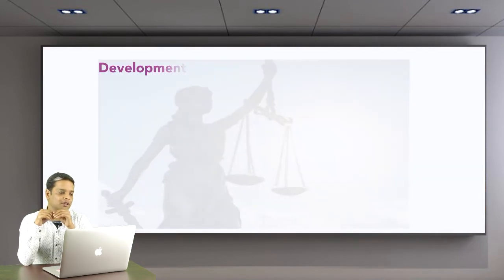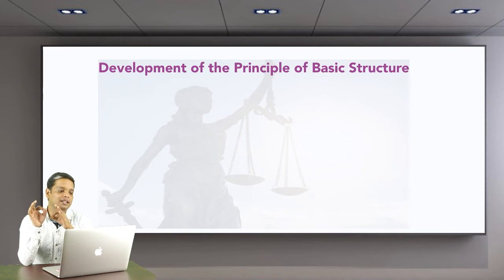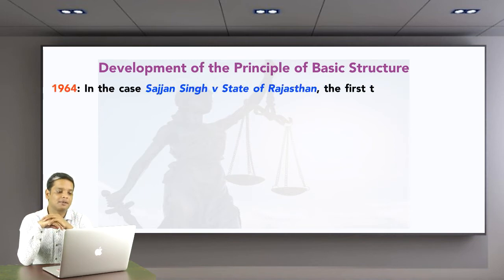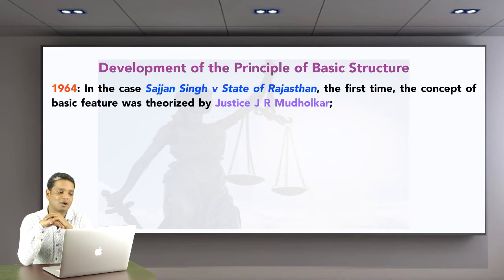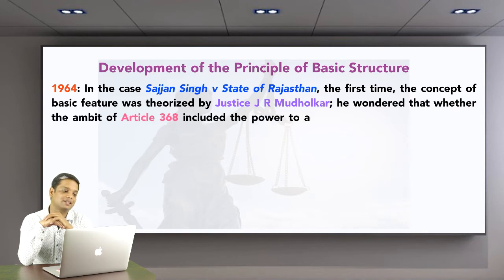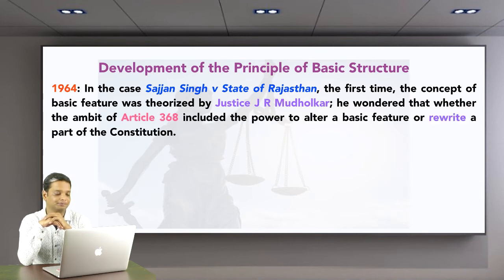First, in 1964, in the case Sajan Singh versus State of Rajasthan, the concept of basic feature was first theorized by Justice J.R. Mudholkar. He wondered whether the ambit of Article 368, remember Article 368 is the amendment provision, includes the power to alter a basic feature or rewrite a part of the Constitution.